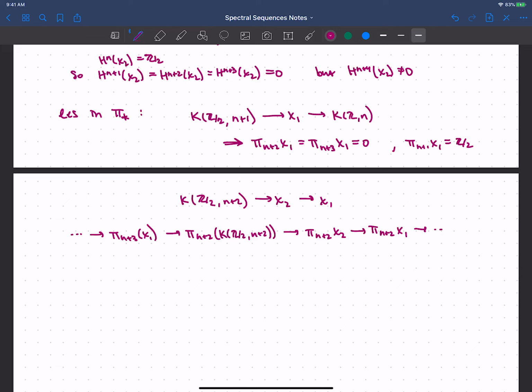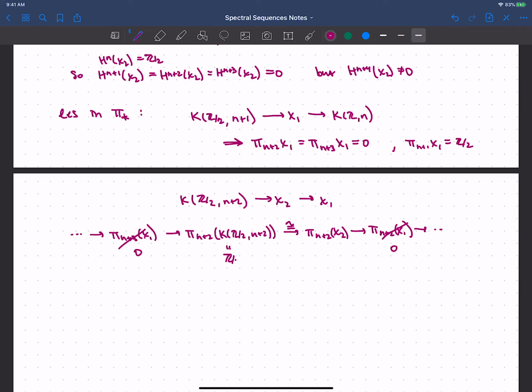Oh, sorry, yes, pi_{n+2} of X1. I'm using parentheses half the time and not consistently. Okay, so pi_{n+2} of X1 we just saw was 0. And of course, pi_{n+3} of X1 we also just saw was 0, so that makes this an isomorphism.